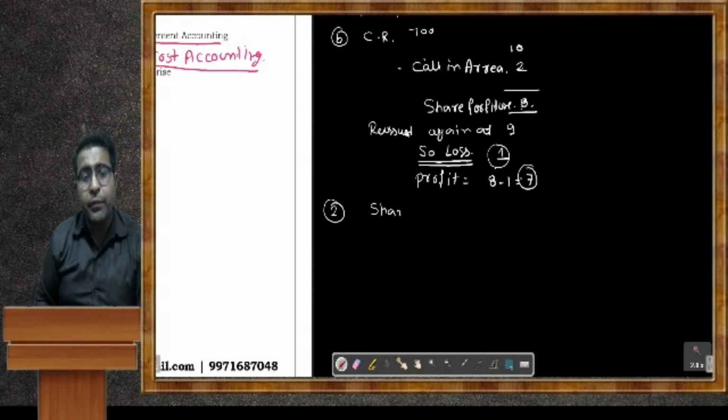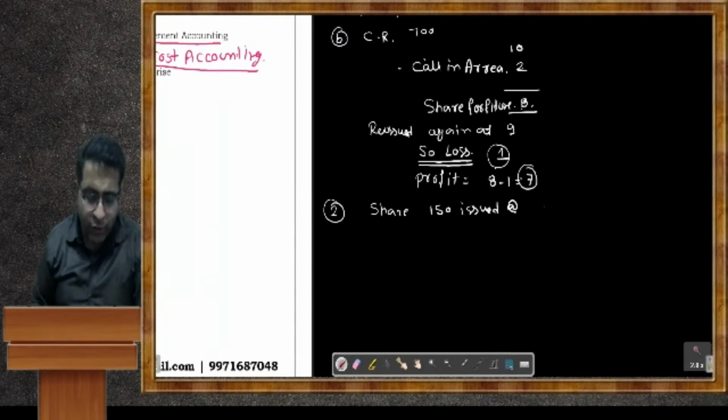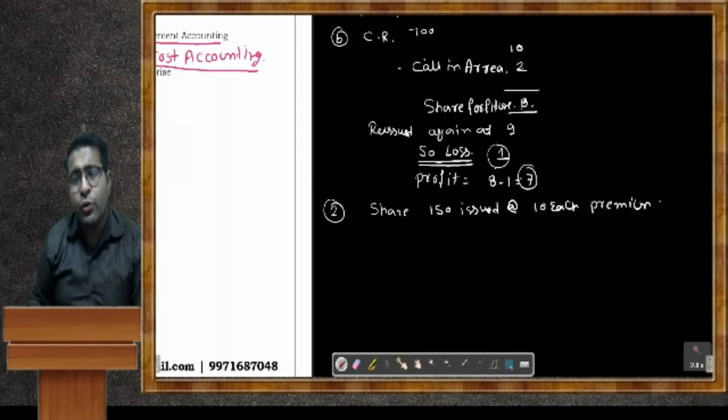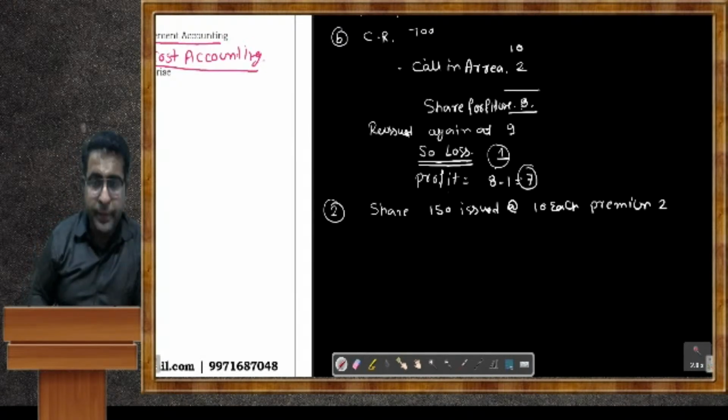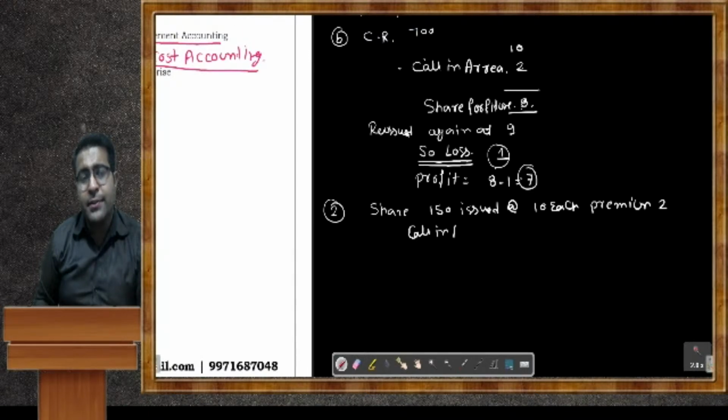Shares of 10 each issued at a premium. How much premium is there? 2 rupees premium is there. For the non-payment of the final call of 3 rupees, the call in arrears is 3 rupees.